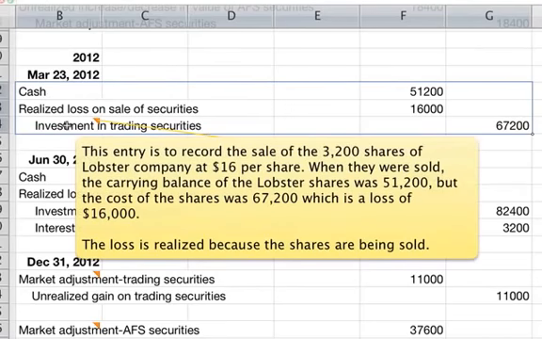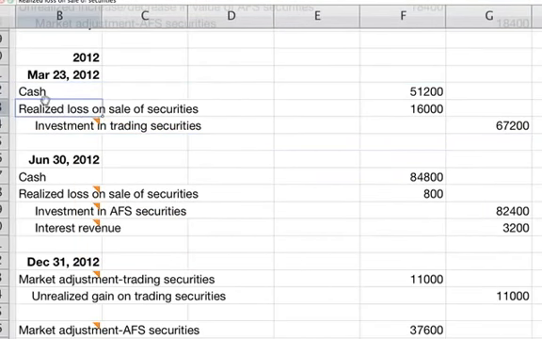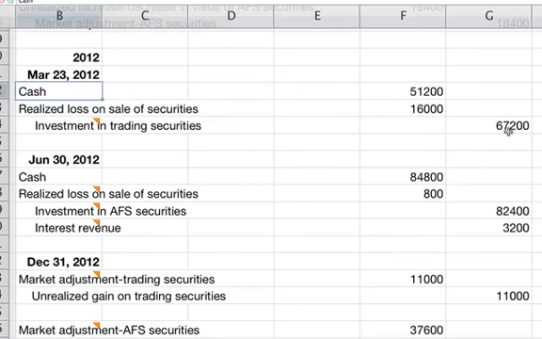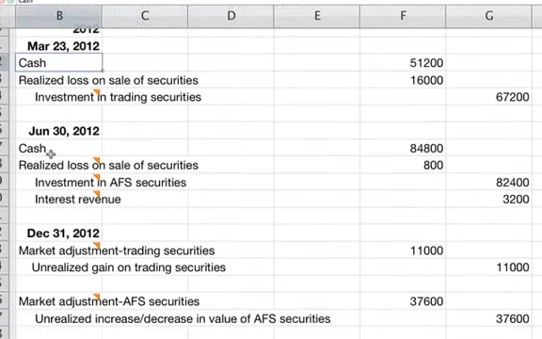So you have 3,200 shares of Lobster Company at $16 a share. That's that cash amount of $51,200. But the cost of the shares was $67,200. That's a loss of $16,000. So you put the realized loss right here. It's a debit to cash for the amount that you actually received, and the total investment in trading securities was lowered by $67,200.